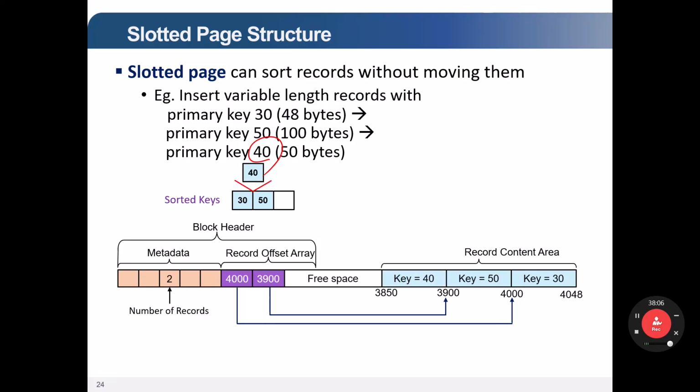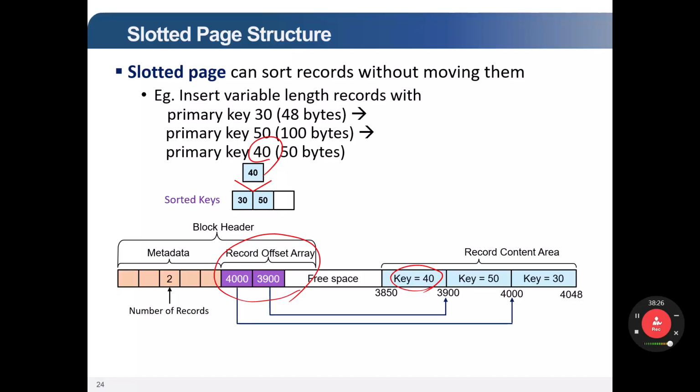Using again the free space pointer, we figure out where this third record should be stored, and then we need to update this offset array based on the sorted order of these primary keys.